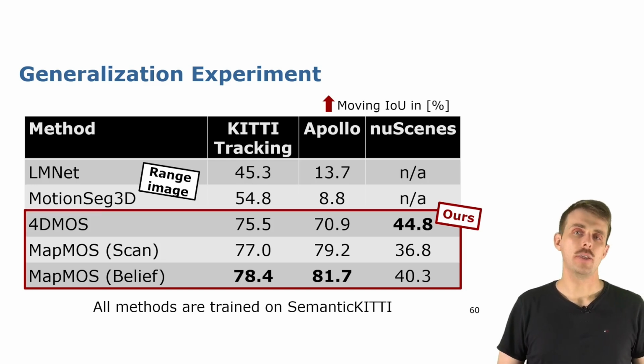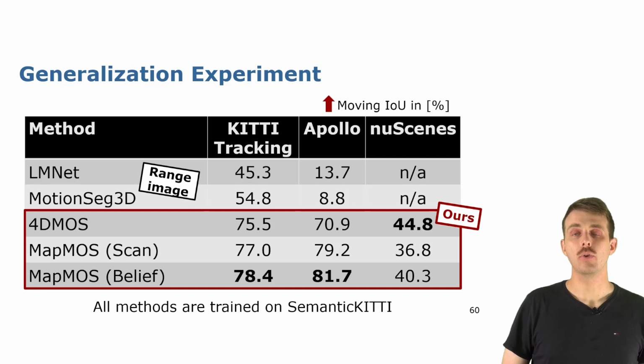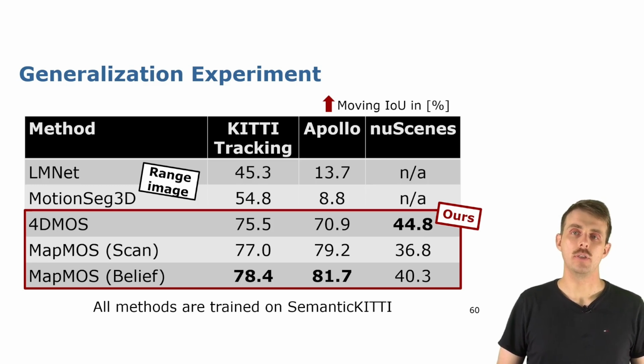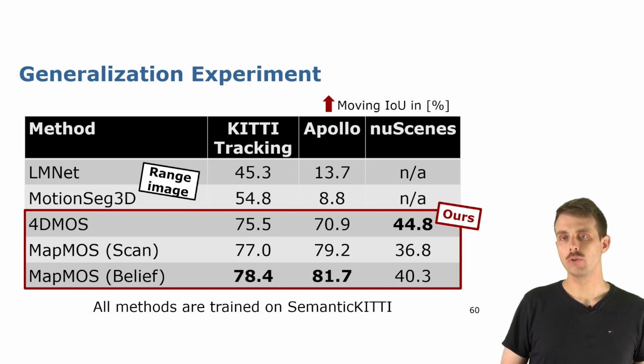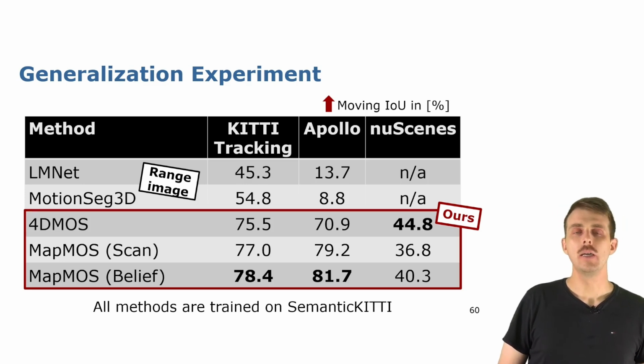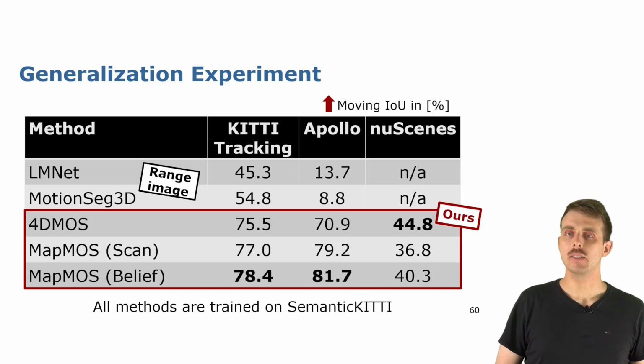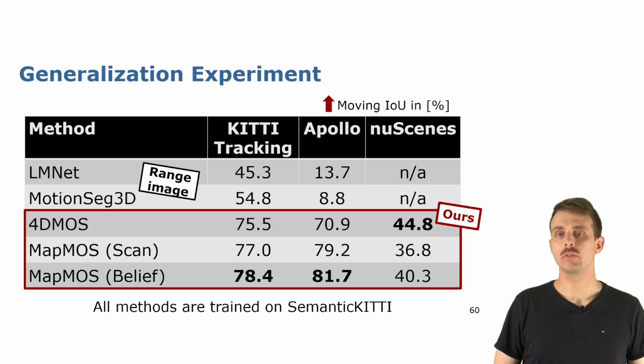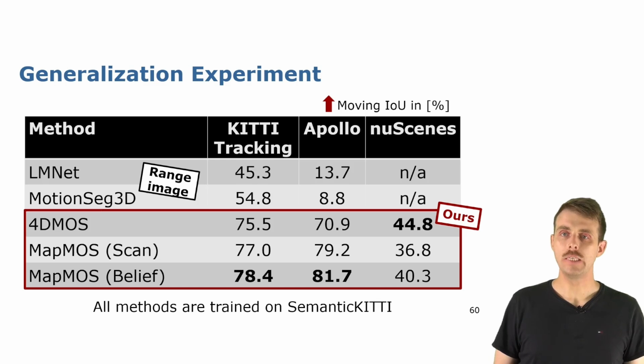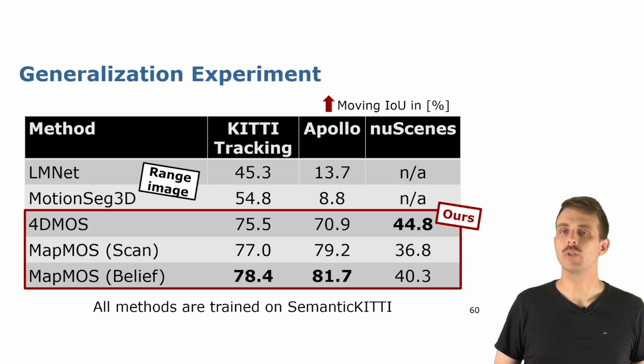Another interesting finding is that in the new scenes case, 4D MOS works even better, and this is because this sequence is very challenging for the odometry because it uses a sparser sensor, and since 4D MOS only looks at 5 scans, it mostly cares about local consistency of the odometry, so to align those 5 scans, whereas in MapMOS, if you have a few wrong alignments, your local map usually degrades, and this makes it very hard to then get a proper segmentation. So this shows a bit the sensitivity to the odometry. So you need a good pose estimation to estimate moving objects, especially for MapMOS.